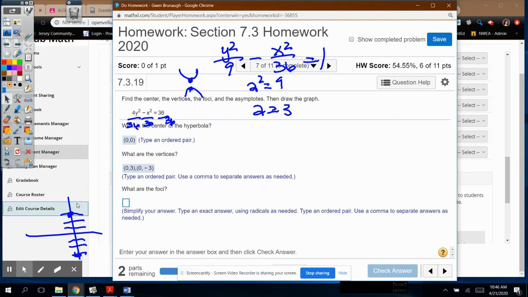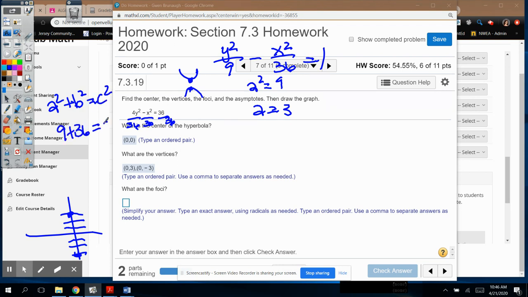The foci are also going to be the eyeballs, right? They're going to be on the inside. Those come from c. So what I got here? a squared plus b squared is c squared. 9 plus 36 is c squared. Okay, so 45 is c squared. We are going to have to simplify that radical, guys. That's 9 times 5 is 45.